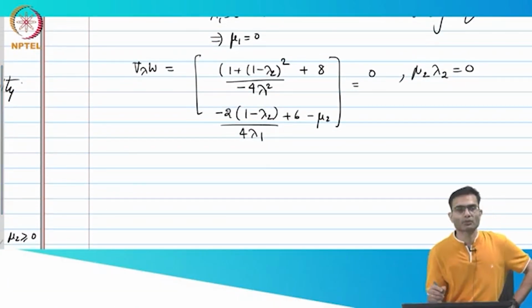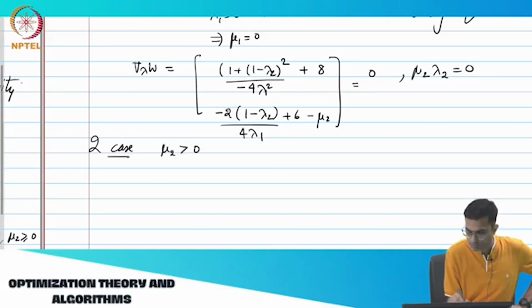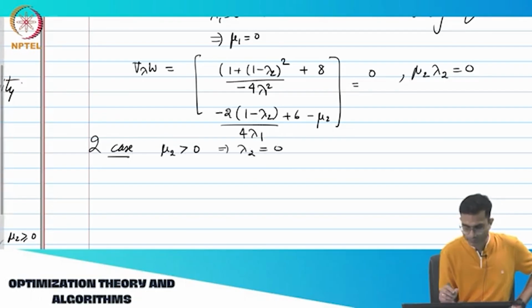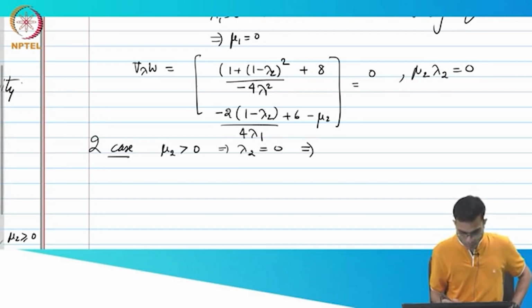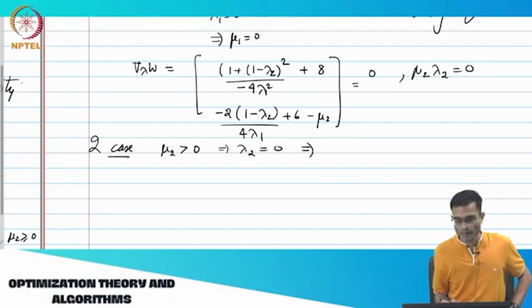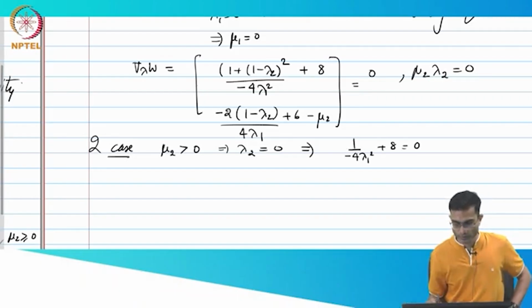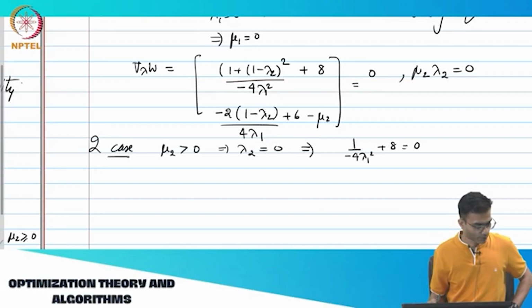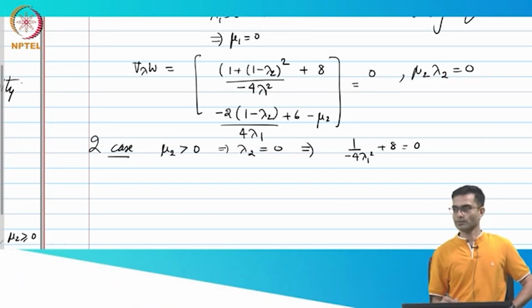So this mu 2 lambda 2 again gives us two cases, right? So two cases. Mu 2 greater than 0, which implies that lambda 2 equal to 0. So in this case what is my solution? So lambda 2 equal to 0, right? So what happens to the first term? 1 upon minus 4 lambda 1 squared plus 8 equal to 0.